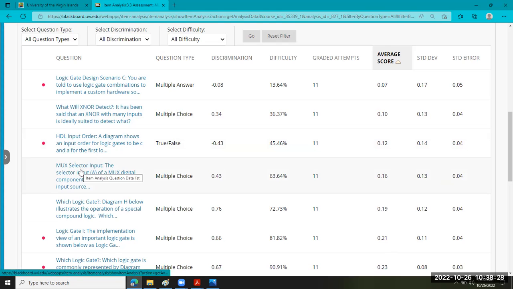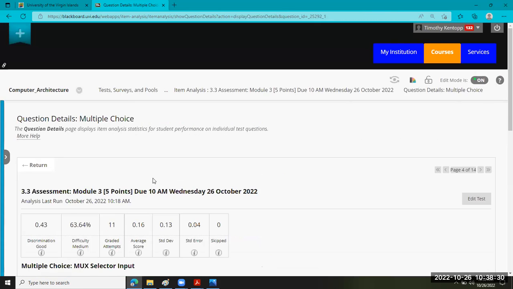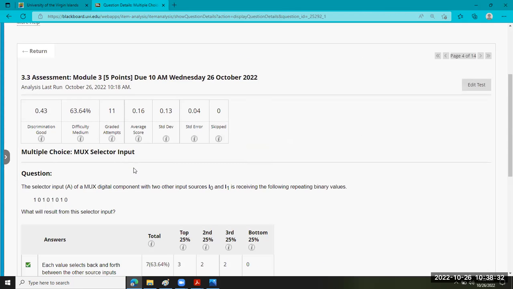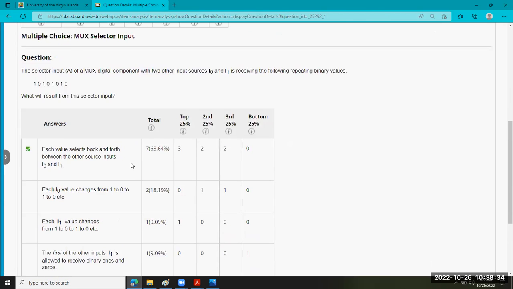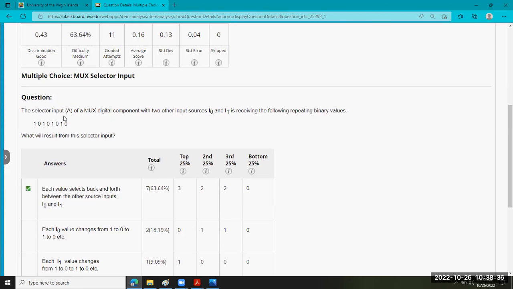Mux selector input. So multiple choice. This was an item that posed a challenge for some students. It reads, the selector input A of a mux digital component with two other input sources, input I sub 0 and I sub 1, is receiving the following repeating binary values: 1 0 1 0 1 0 1 0.